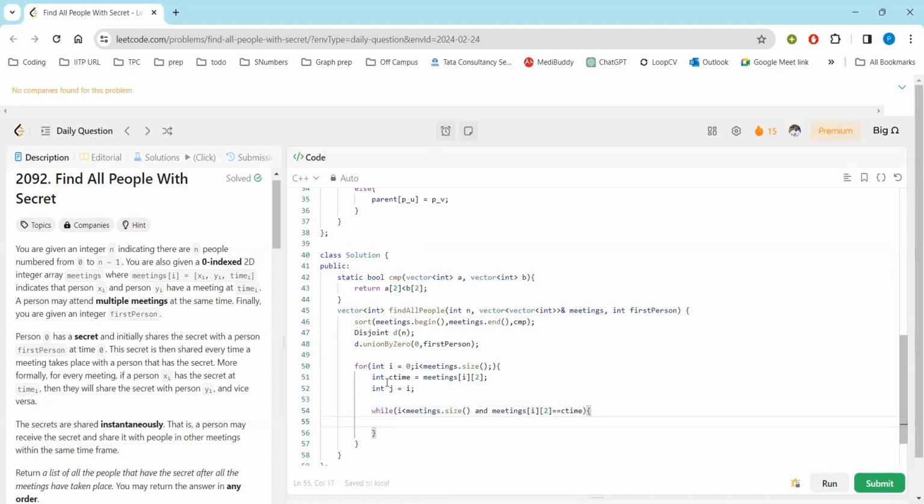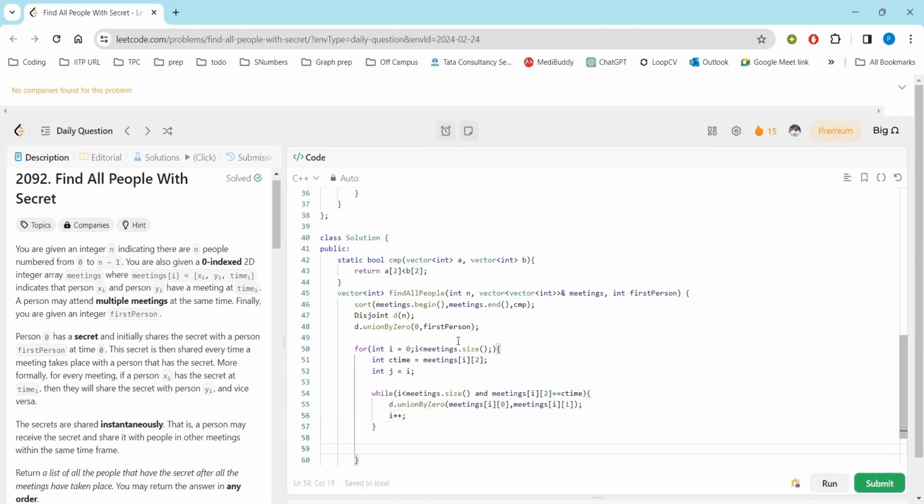We will do a union by 0 of the person at index 0 and the person at index 1. And we will increment the pointer.